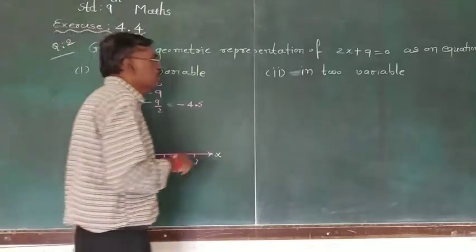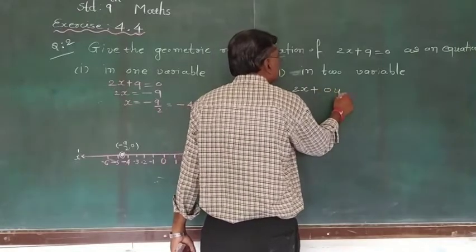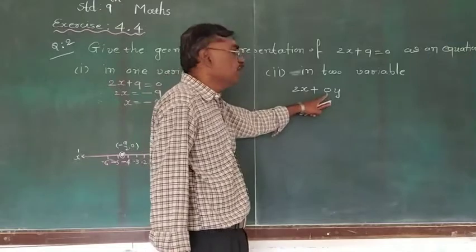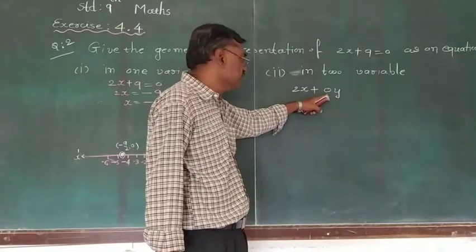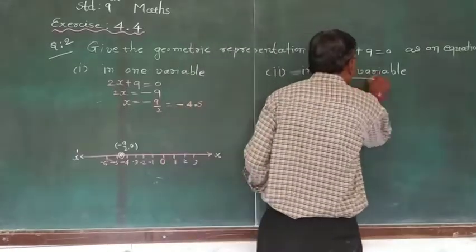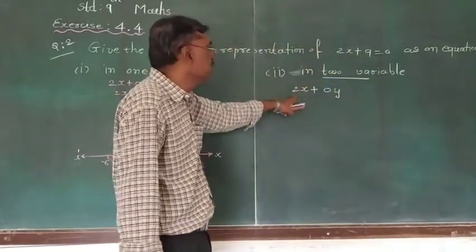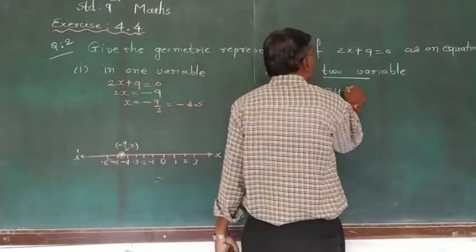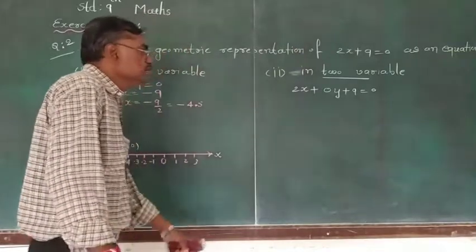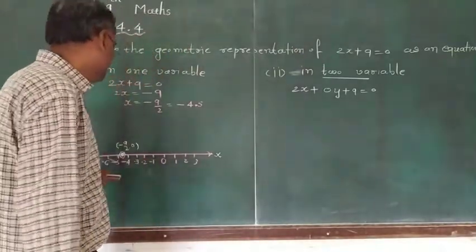Now in two variables: 2x plus 0y. The y variable is not given, but we write it because it is an equation in two variables. So 2x is given, plus 0y, plus 9 equal to 0. Now here we have represented it in this way.